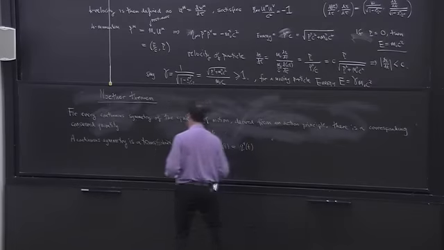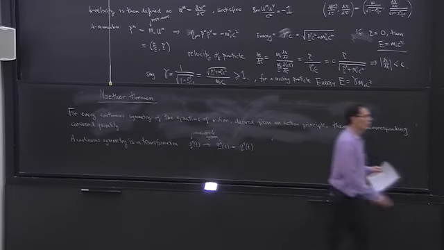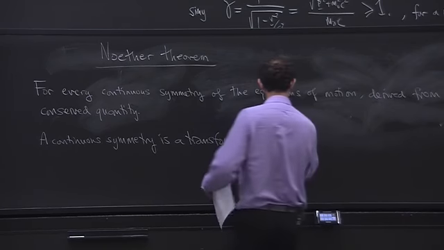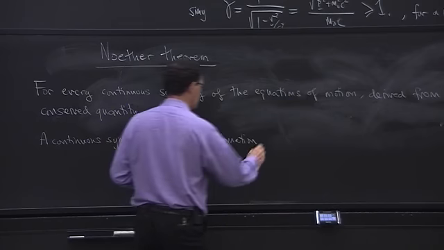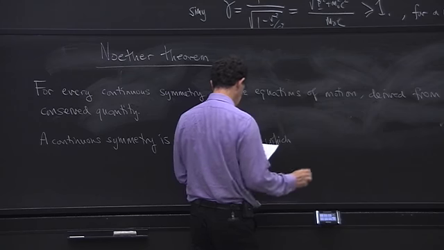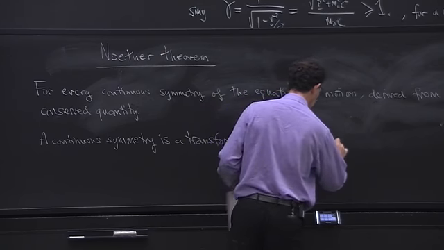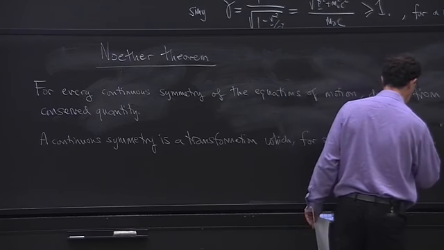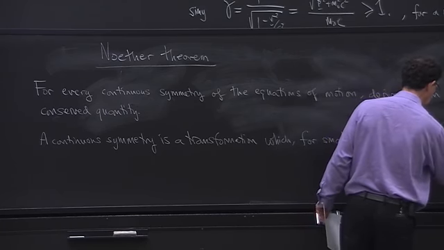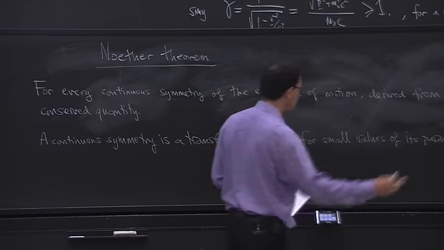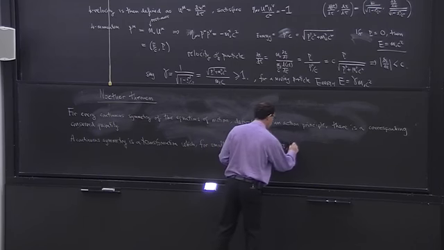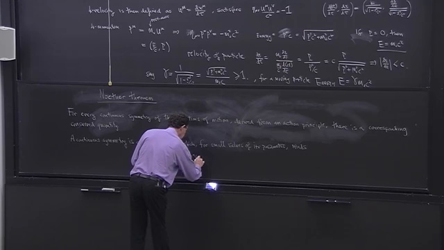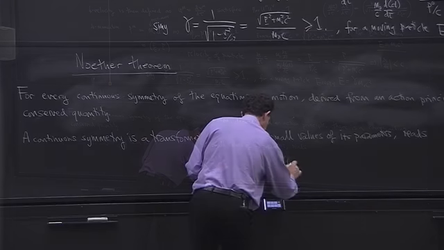Well, sorry, I wanted to just say one more thing. A transformation which, for small values of its parameters, reads QA of t goes to QA prime of t.